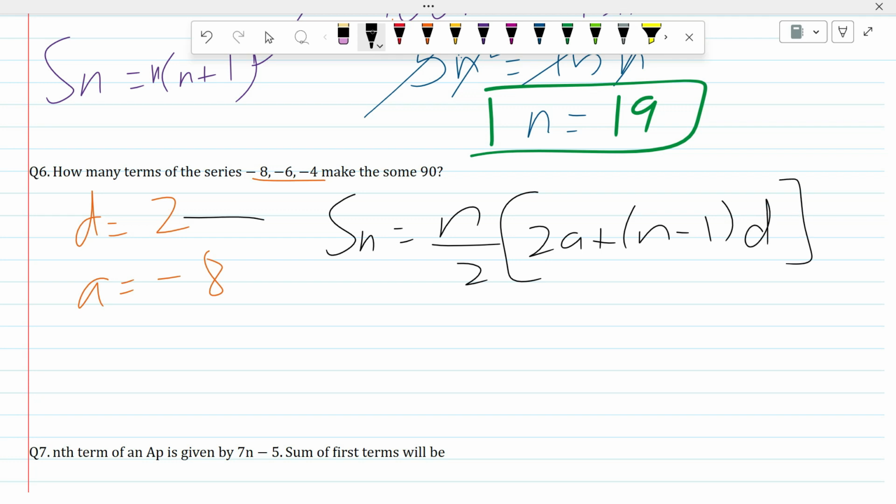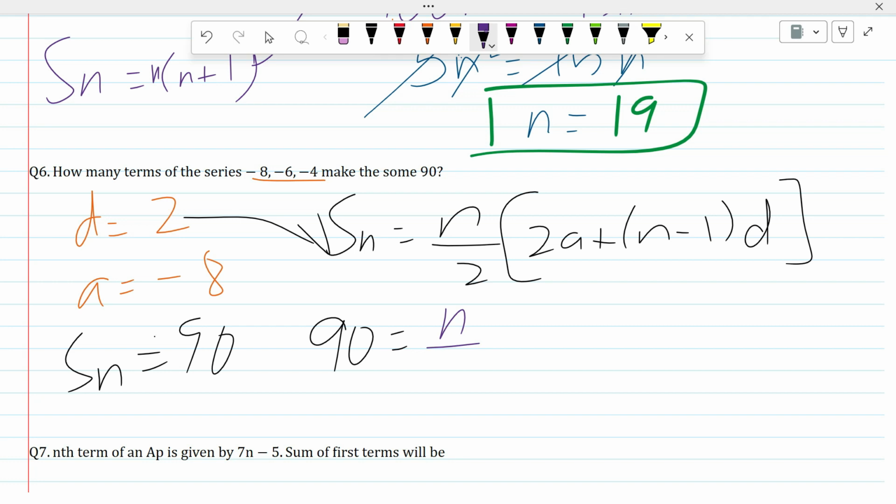Now put these values here. We have been given Sn also, which is equal to 90. Now put the 90 here, and let's put the values; we have to find n. Instead of a, I'm going to write minus 8, so this will be minus 16 plus n minus 1.